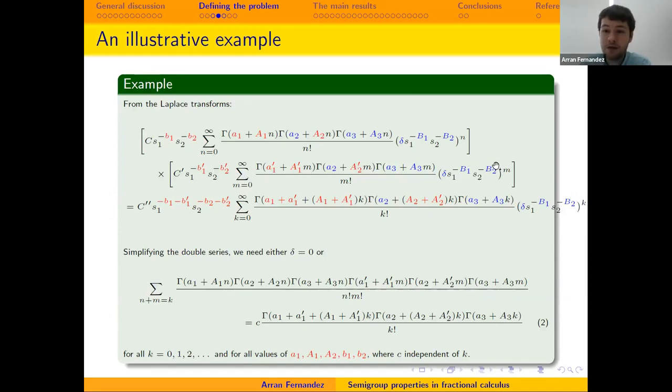So it's the same in all three expressions, which means we can do that thing to the power of n plus m on the left, and put k equals n plus m, and then we get this identity, which should be true for all values of k, or you can have delta equals 0, and then it will be trivially true, because everything is just a constant.